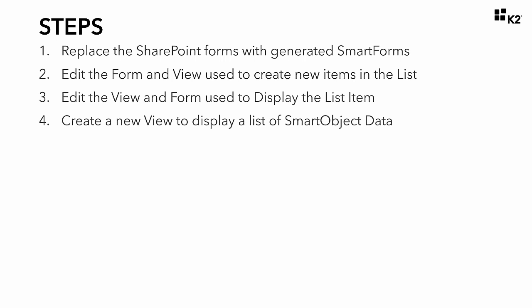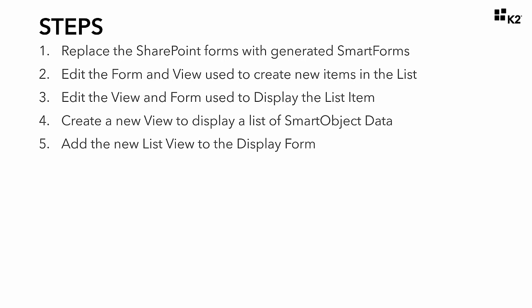In step 4, we will create a new view, which will use the Hello World list's smart object to display a listing of the current items in the Hello World list. By creating this list view tied to the Hello World smart object, we will use step 5 to demonstrate how to pull that view into the list item display form.